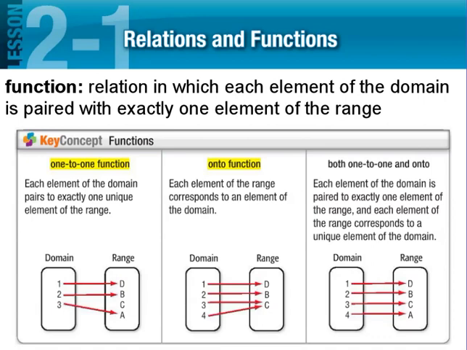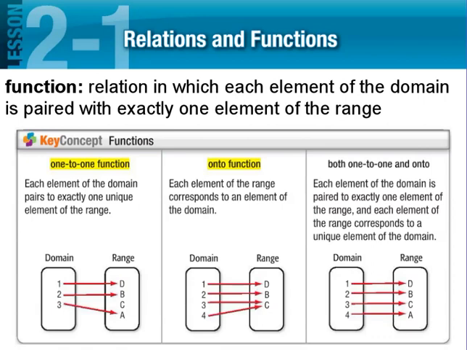And so there are two ways we can classify functions. We can classify them as one-to-one, or we can classify them as onto. A one-to-one function means that each element of your domain is paired with exactly one unique element of the range.